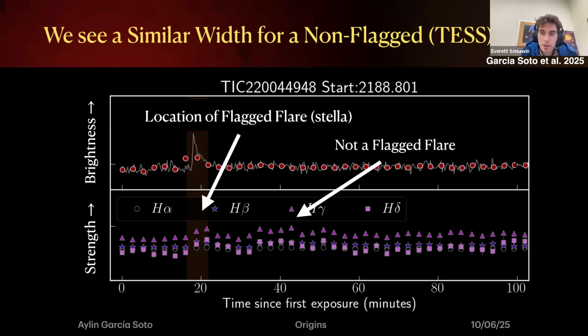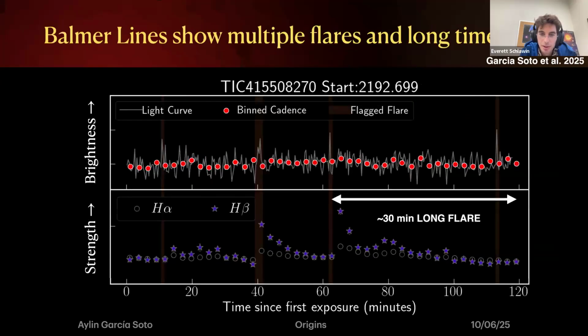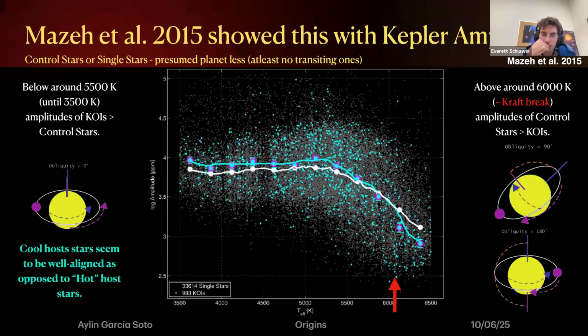Yeah, I was wondering if you could go back to the Mazeh result as a function of temperature. I'm just wondering, not being as familiar with this, on the left-hand side, around the M dwarfs and K dwarfs, it looks like there'd be a very strong selection effect to have planets around quiet stars.